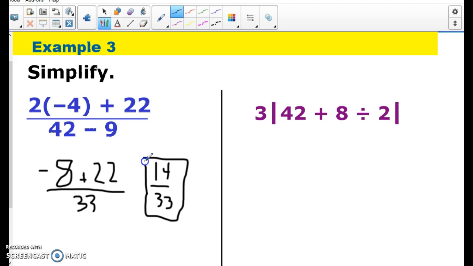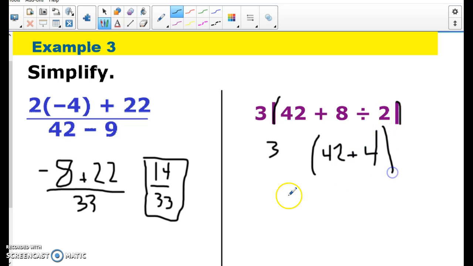So here we go with this big long one. Absolute value bars go first. But within the absolute value bars, we're still in order, so 8 divided by 2 would go first. And this is where it gets a little confusing, because think of these like parentheses almost. Even though there's multiplication out here, I would still need to add that 42 plus 4 before I can multiply, since they're still really in parentheses.